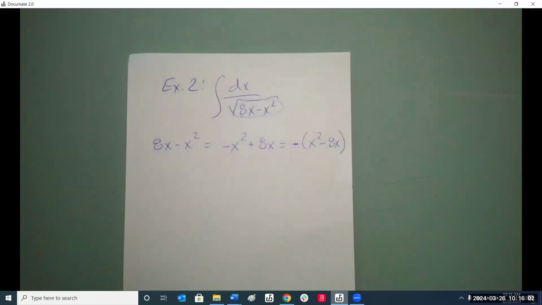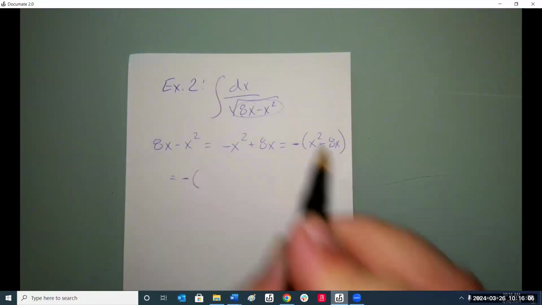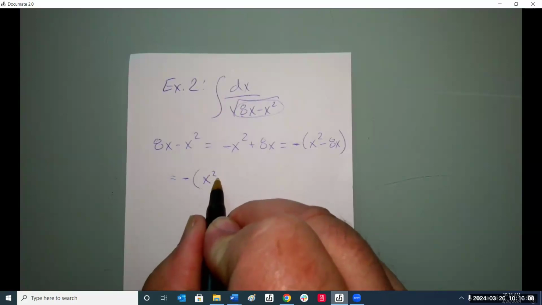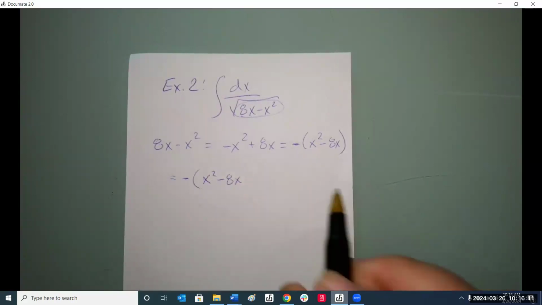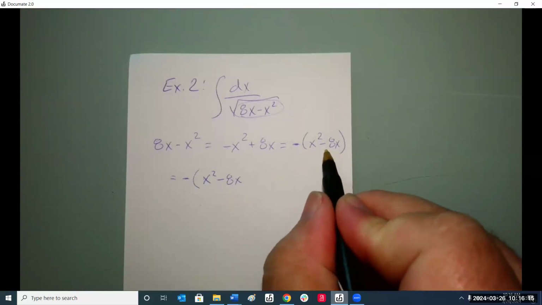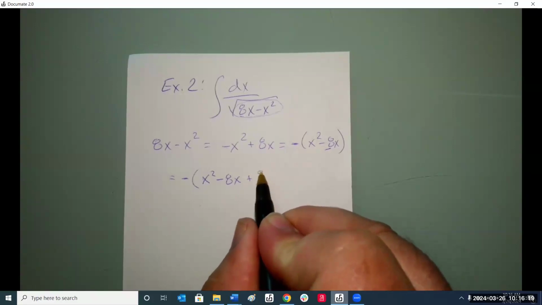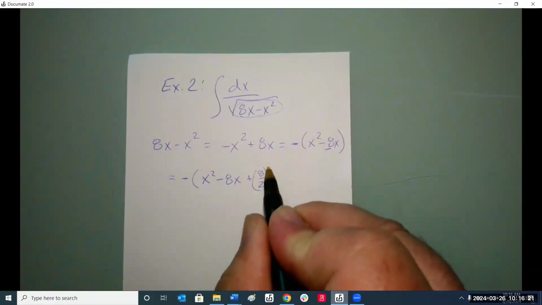We get that. What we have to do now is complete the square: take the b term, take b divided by 2 and square it.